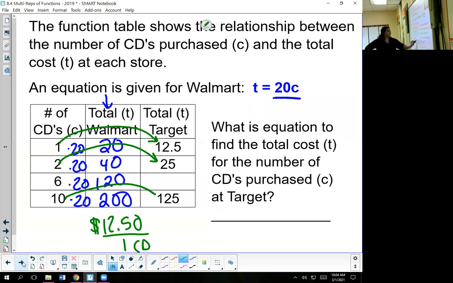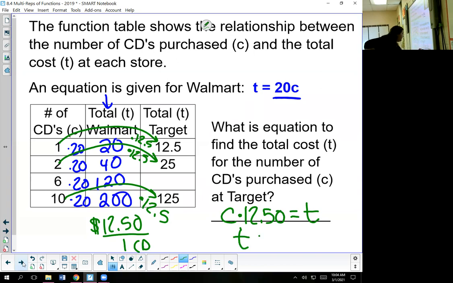Therefore, from 10 to 125, I am multiplying by 12.5. Multiplying by 12.5, multiplying by 12.5. So the rule here is, I take my C, I multiply by $12.50, and I get my total cost at Target. So T equals 12.5 C is the pretty way to write that.